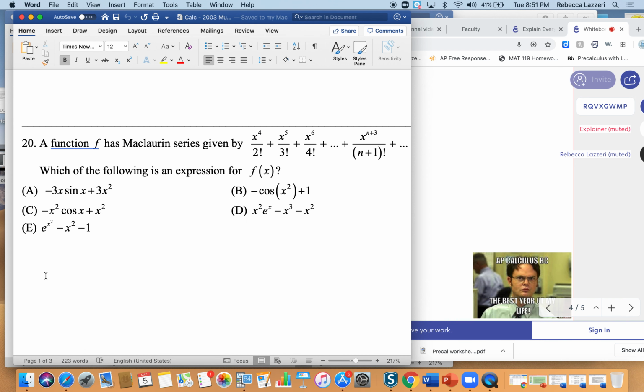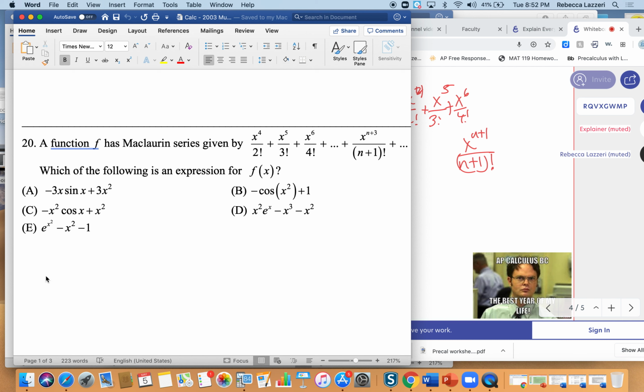All right, so you have this function given by the Maclaurin series, which is x squared over 2 factorial, x to the 4th, which you can barely see there, but you can see it on this other screen, x to the 5th over 3 factorial. They already wrote some of it out for us. And they tell you that it's got this general term, x to the n plus 3 over n plus 1 factorial.